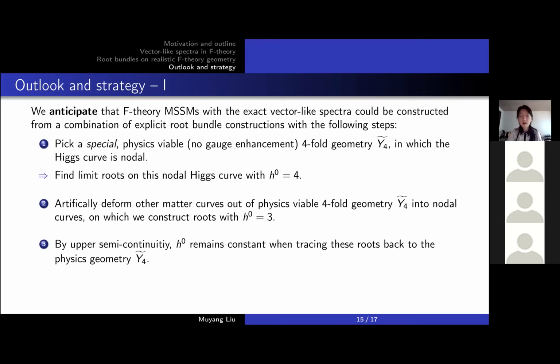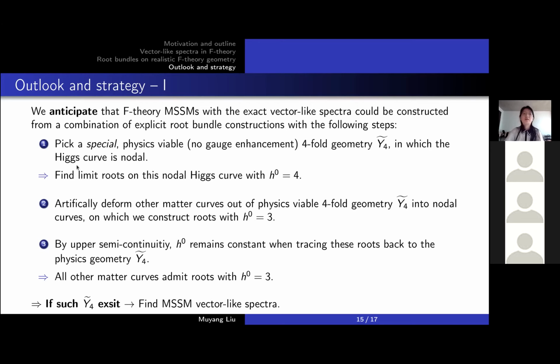And then, by applying upper semi-continuity, H0 remains constant when tracing those roots back to the original smooth generic curves. And we argue that that's the complex structure of the rest of the curves when we sit inside this special physical fourfold geometry. And then all other curves admit roots with H0 equal to 3.